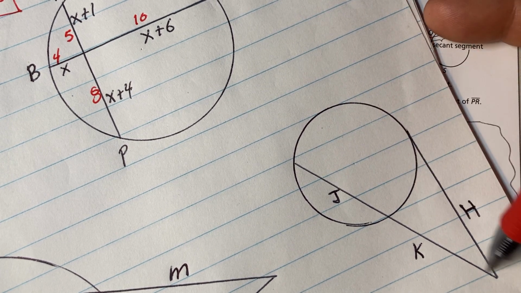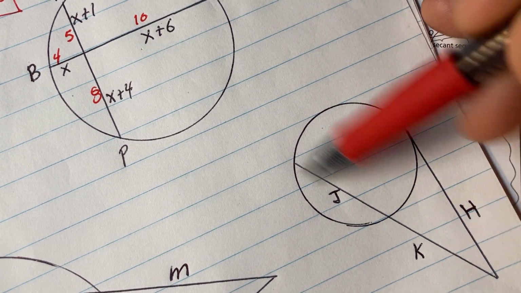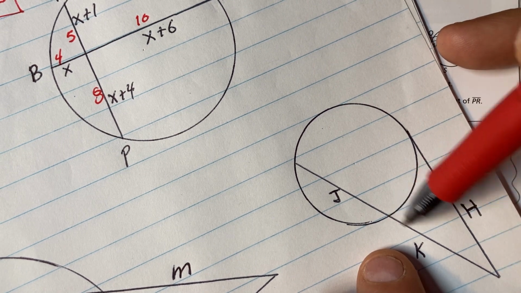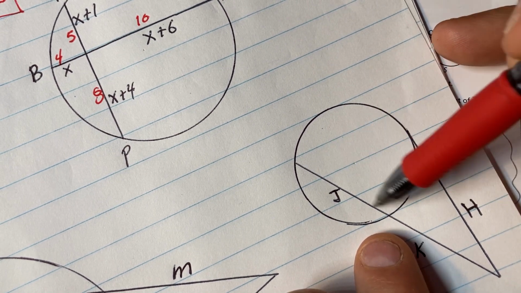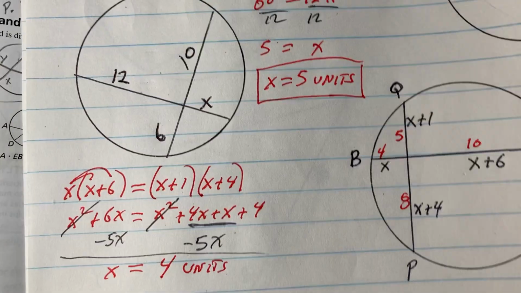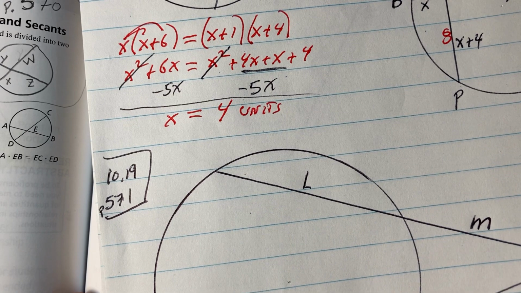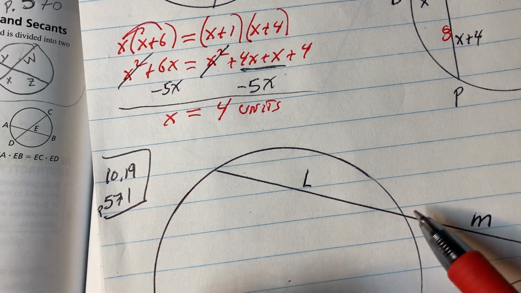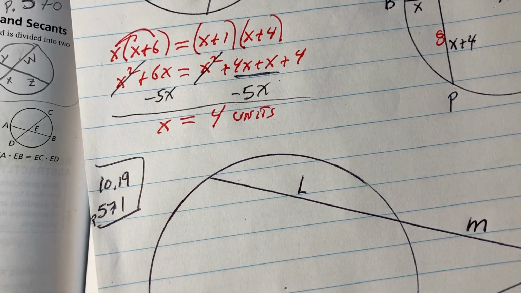This whole distance from there to there is a secant. So this portion here is the external portion of the secant. That's the internal, it's inside, that's outside. These happen to be both secants. That's a secant, that's a secant. Intersects a circle twice, intersects a circle twice.